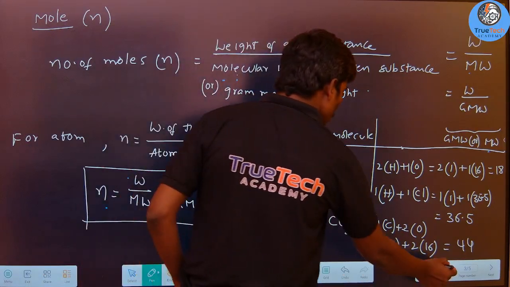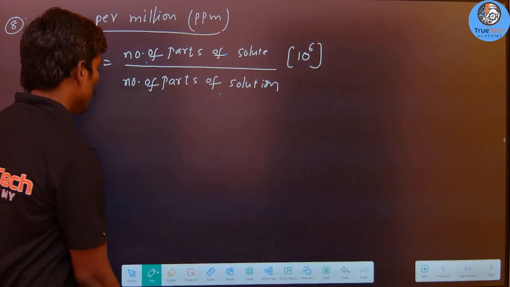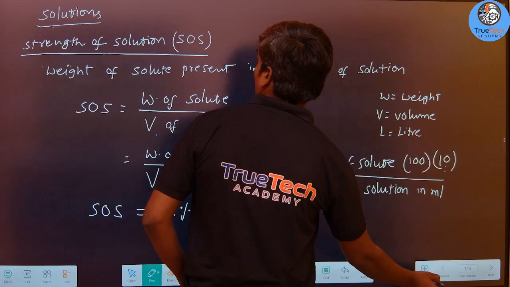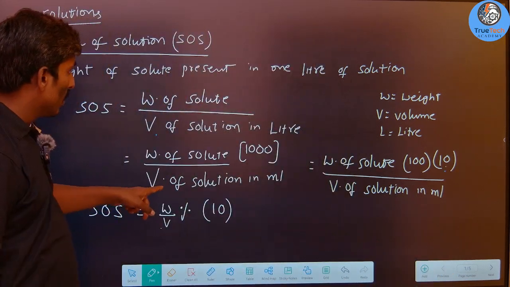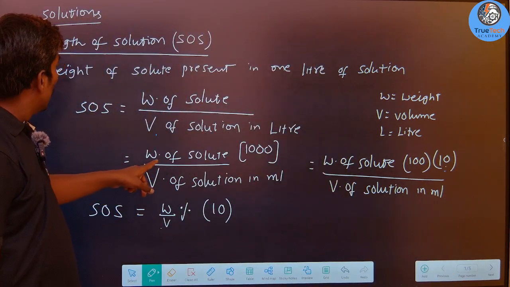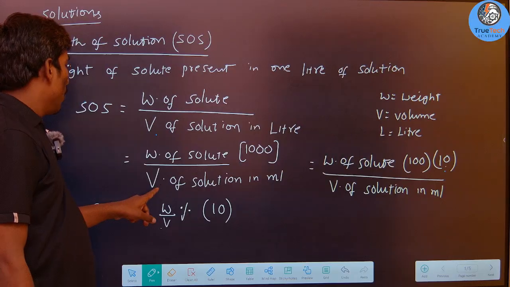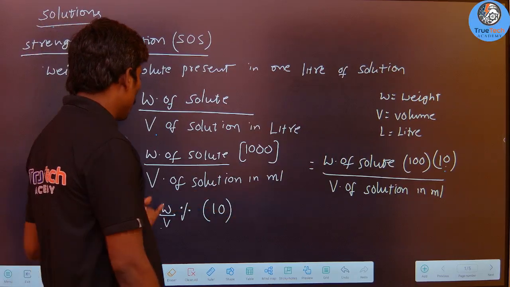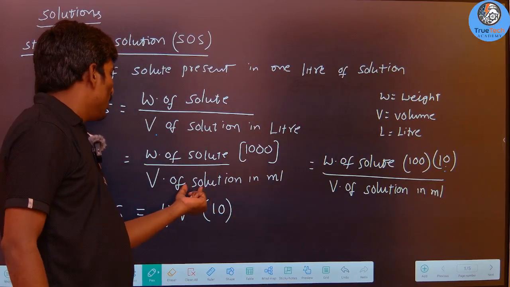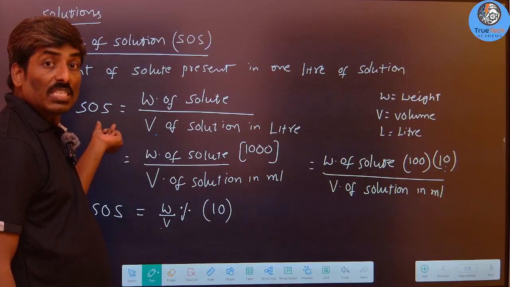Strength of solution. Yes, this is the one. Strength of solution equals weight of the solute into 1000 by volume of the solution in ml. So weight of the solute into 1000 by volume of the solution is replaced by strength of solution.